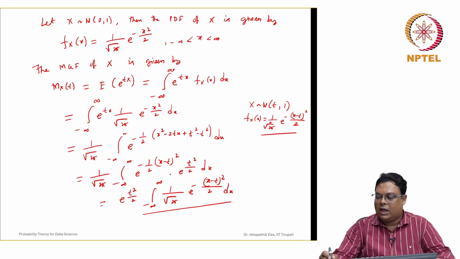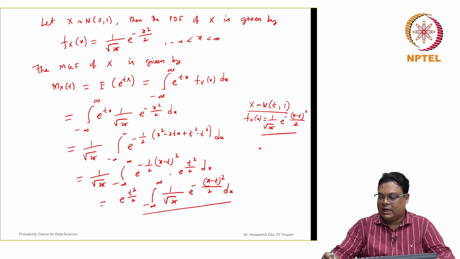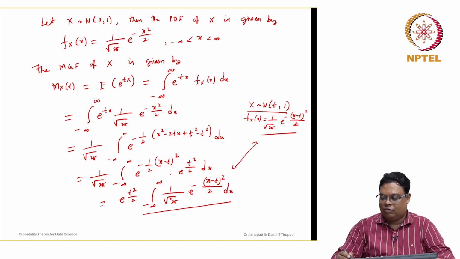Because if X is normal and this is its density function, then the integration from minus infinity to plus infinity, because it is a density function of a normal distribution, will be equal to 1. Here you can see that this is exactly the same density function, so that's why this will be equal to 1.